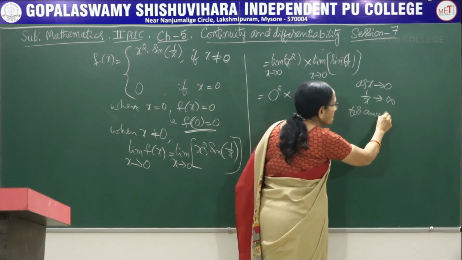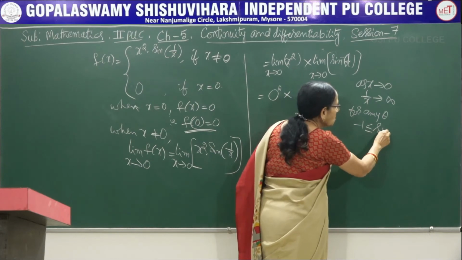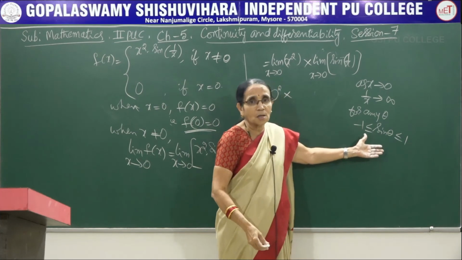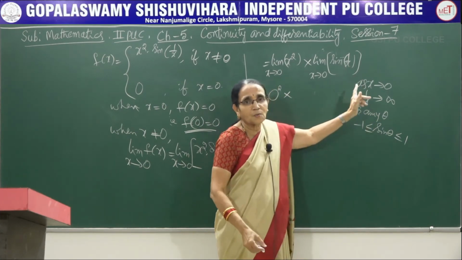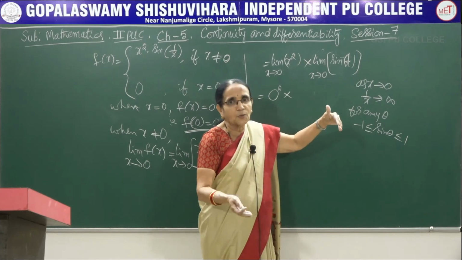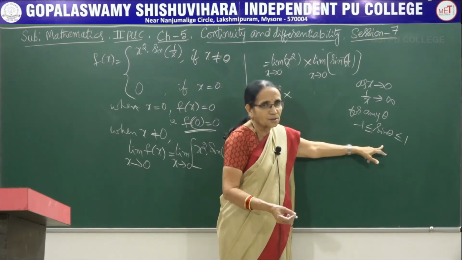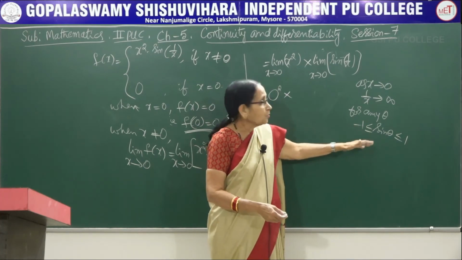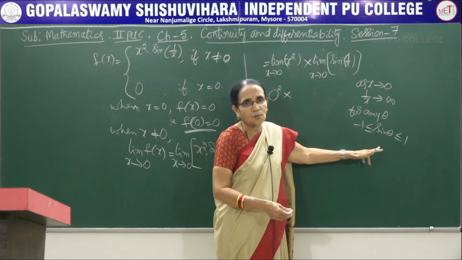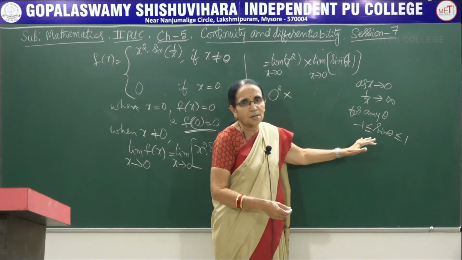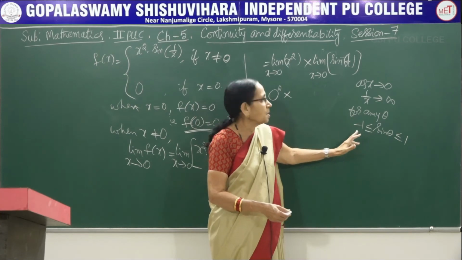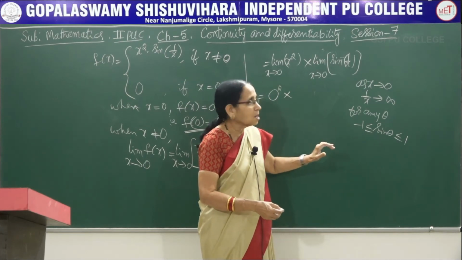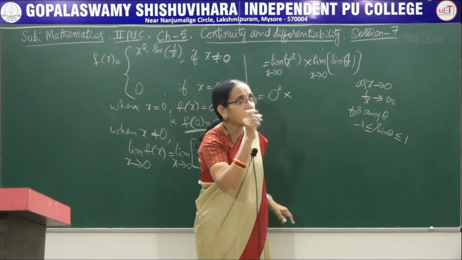For any angle theta, minus 1 is less than or equal to sin theta, which is less than or equal to plus 1. It's a finite quantity always, irrespective of the value of x we are giving. The same thing holds true for the cos function also. So sin theta and cos theta always lie between minus 1 and plus 1. If you know the exact value of theta, we can get the exact value. Otherwise, for any value of theta, however big or small, sin theta always lies between minus 1 and plus 1. What do you mean by that? It is always a finite quantity.